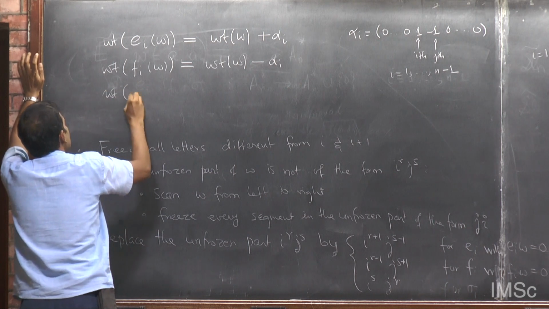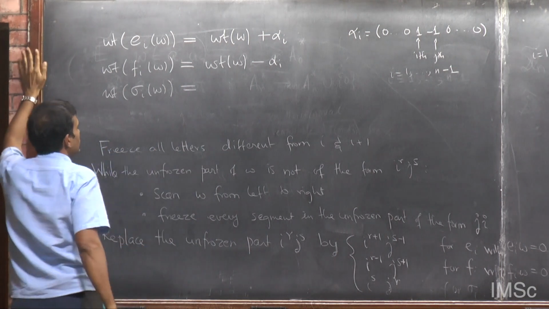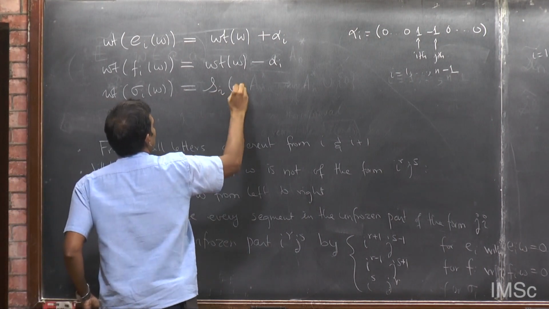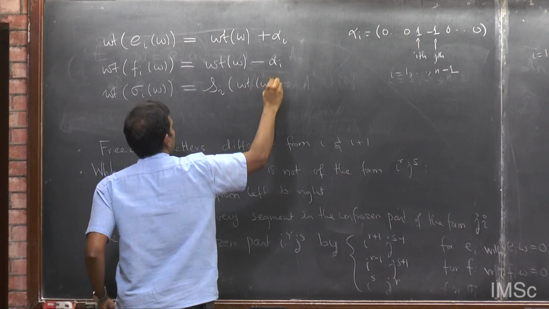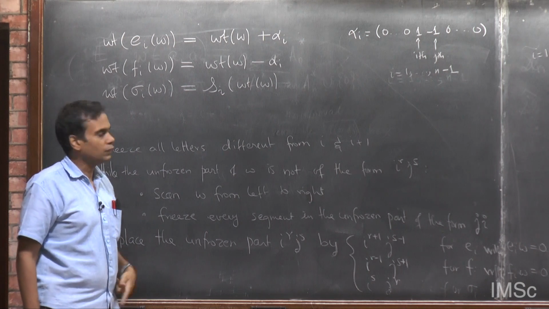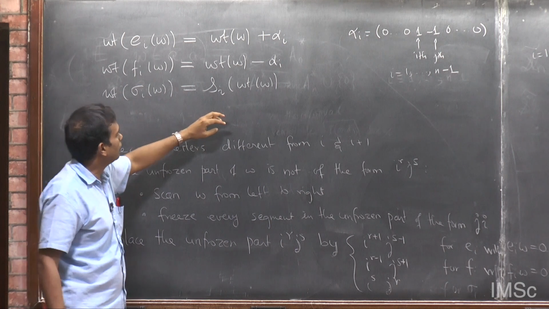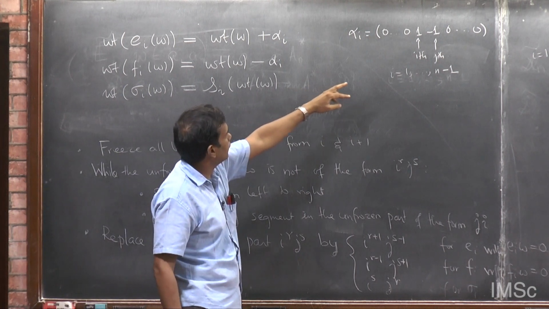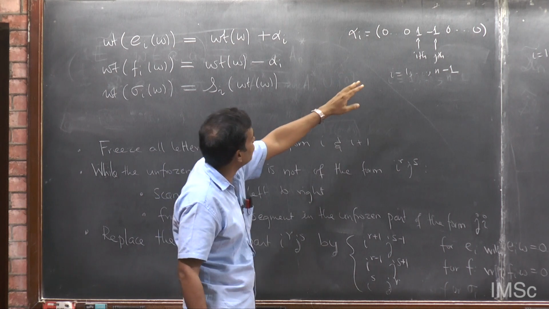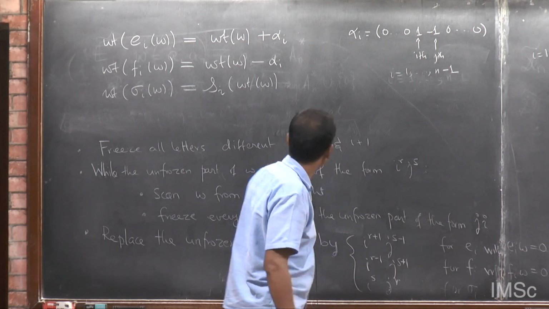What about the weight of sigma i W? This is s_i of the weight of W. It's a reflection, a reflection about the plane perpendicular to this vector alpha i.